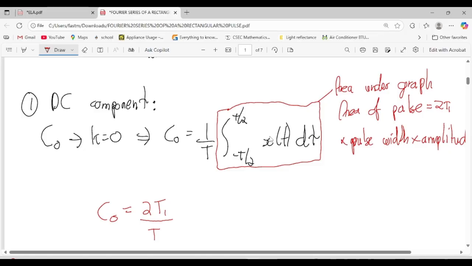Okay, so this is why you get the first equation, because 1 on T is this 1 on T here, and this area, assuming that the amplitude is 1, just to keep things simple, will just be 2t1.